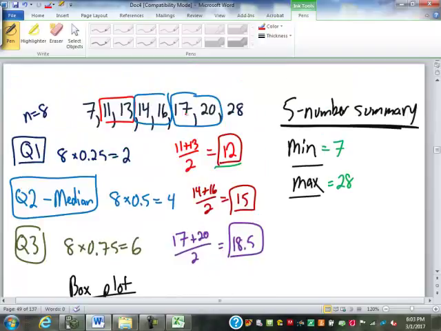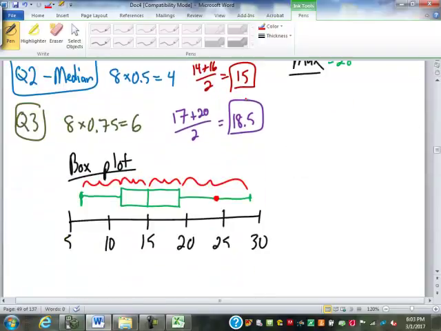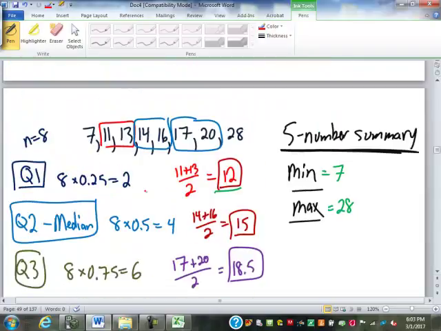If we look up here, yeah, we go from 17 to 20 to 28. They are pretty spread out there. They're the most tightly fit together here in this second quarter. If I look at that section, yeah, it's 13, 14. They're right tight together. Actually, 11, 13, 14, 16, if you want to consider them all together. So that box plot allows us to see how the numbers are distributed with each other.